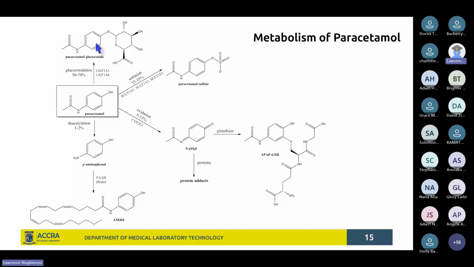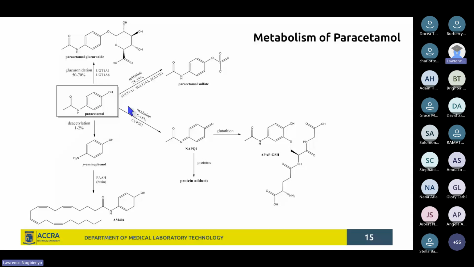That's to say that a lot of the drug just gets bound to glucuronic acid and then gets excreted out of the body, and you'll be left with let's say 30 to 50% of the drug to undergo different pathways. You see that? So when drugs are taken in, a lot of it will sometimes get excreted without doing anything. And it is just a minute amount that really has a therapeutic effect, as we'll see with paracetamol.